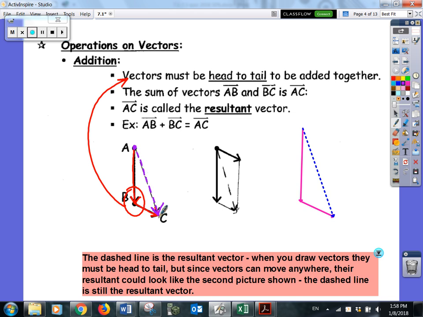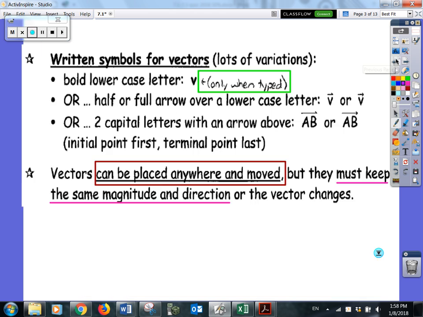So we go dot to dot and arrow to arrow. When you're drawing the two vectors, they must be head to tail. But the resultant is head to head and tail to tail, or initial to initial, terminal to terminal, dot to dot, arrow to arrow.